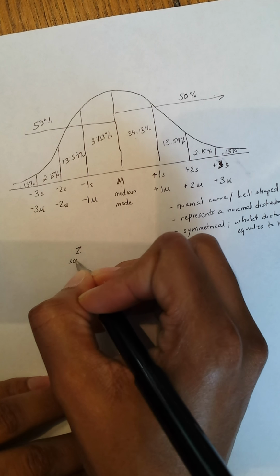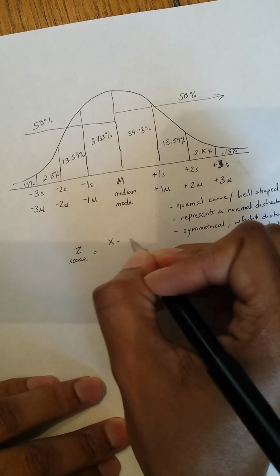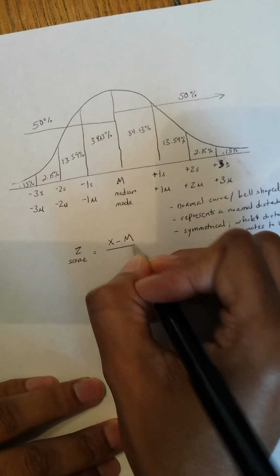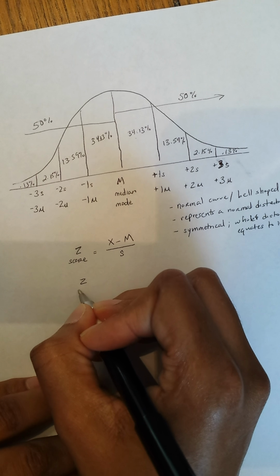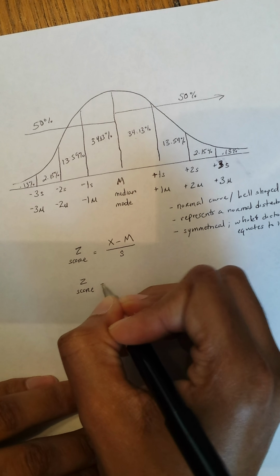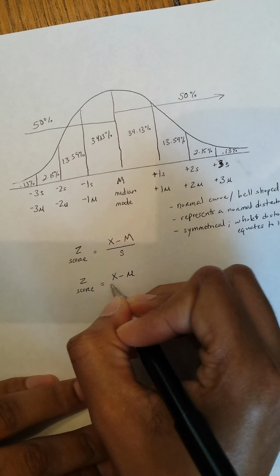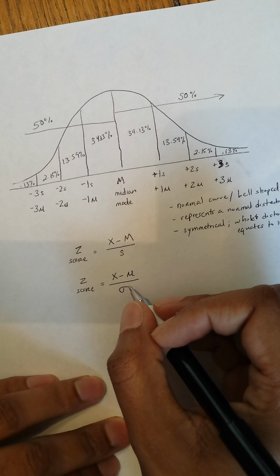Okay, so if we recap, the formula for a z-score, we'll find that it's x minus whatever the sample mean is over s, and that's for a sample, or for a population, our formula will look like this. It'd be x minus mu, that mu, over the population standard deviation.